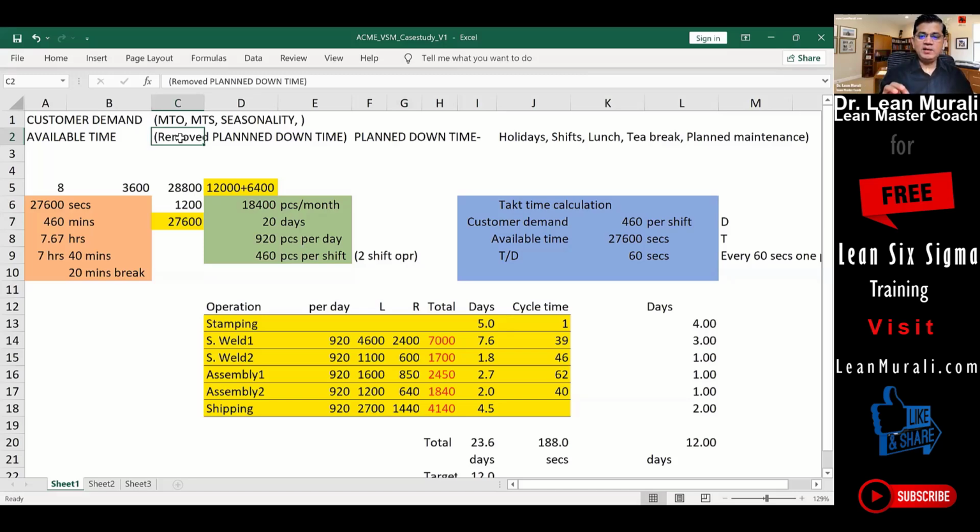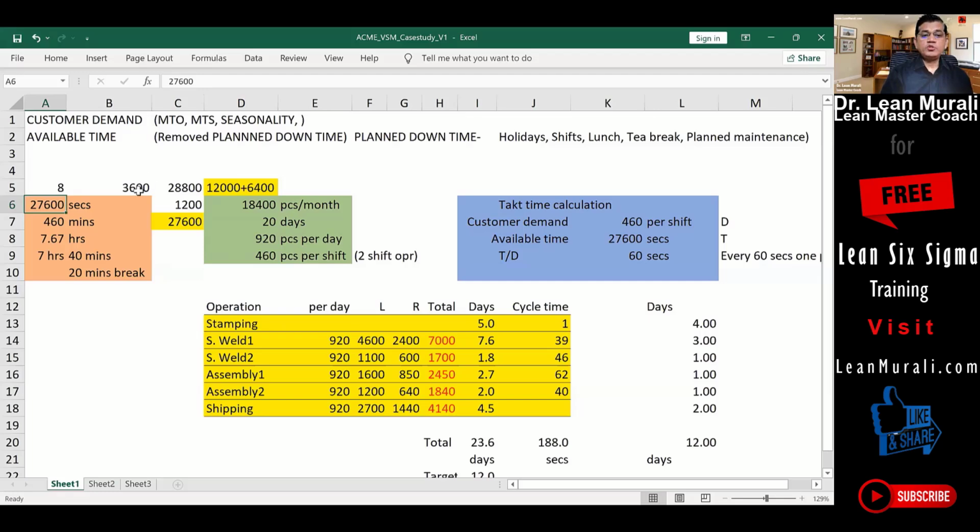If this is clear, the balance time is the available time. We are not talking about value added time here; I'll clarify the touch time later. Now, as far as the customer demand is concerned, there is the straightforward figure of 12,000 plus 6,400, so 18,400. They said they work for 20 days, so per day 920 pieces and 460 pieces are required.